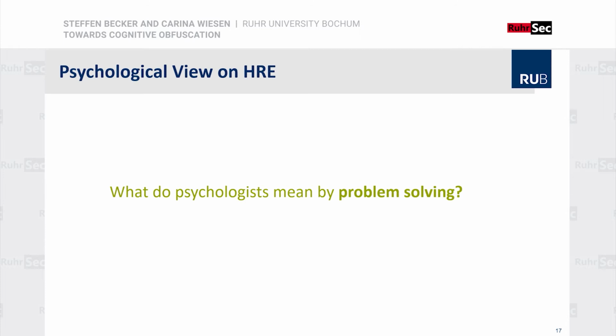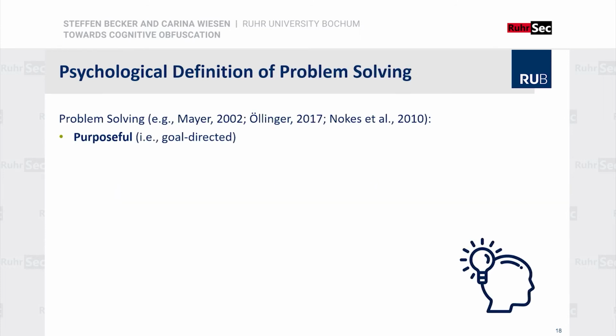What do psychologists mean by problem solving? From a psychological perspective, problem solving always has a purpose, meaning that a problem solver tries to achieve a desired goal without knowing how to achieve it. The problem-solving process is not totally reliant on automatic processes, meaning that the problem solver has to develop a strategy based on controlled processes.